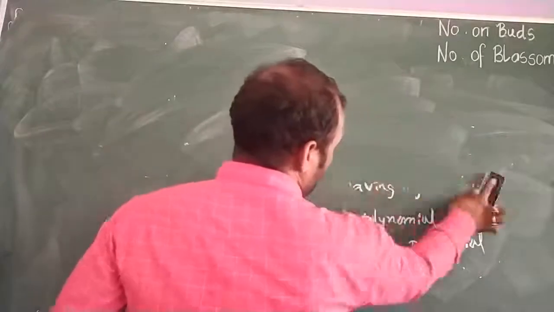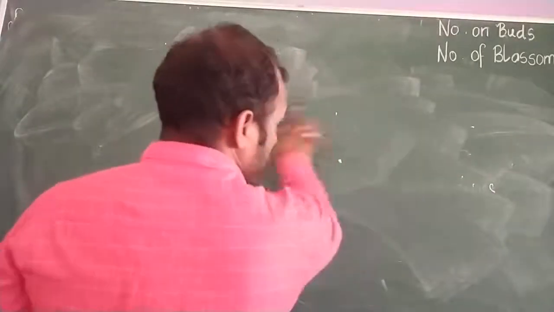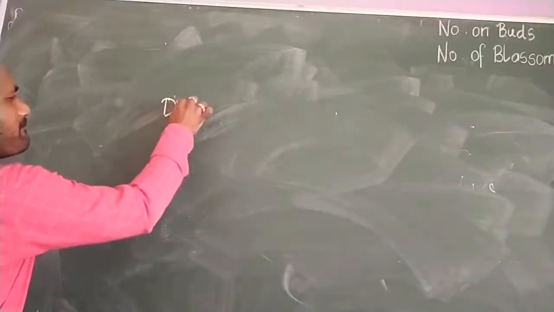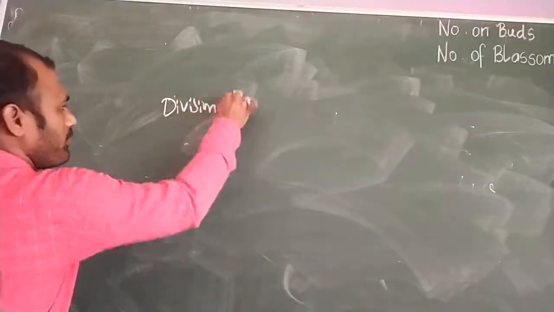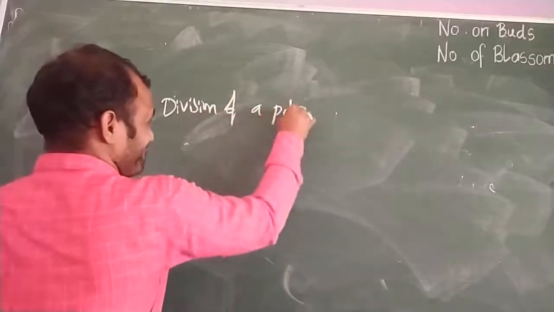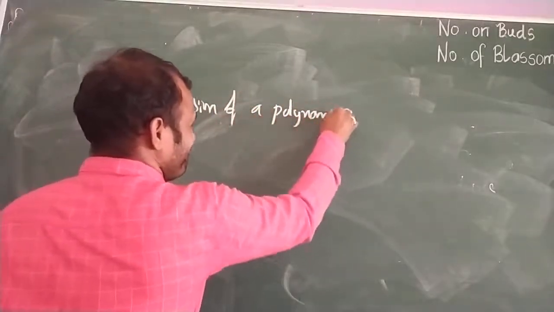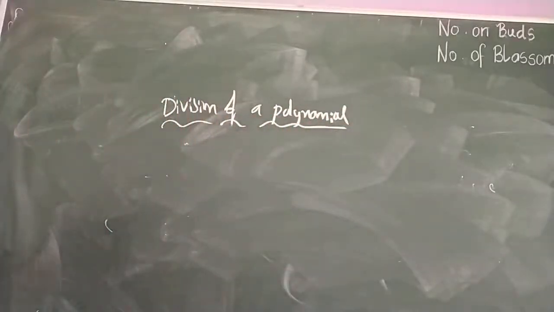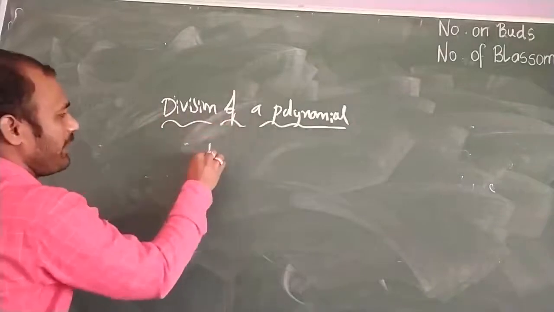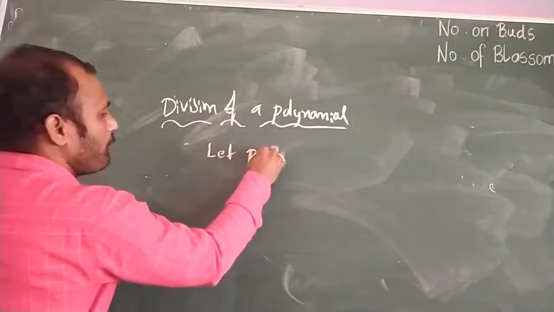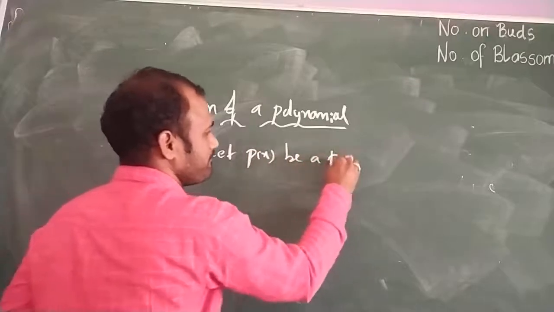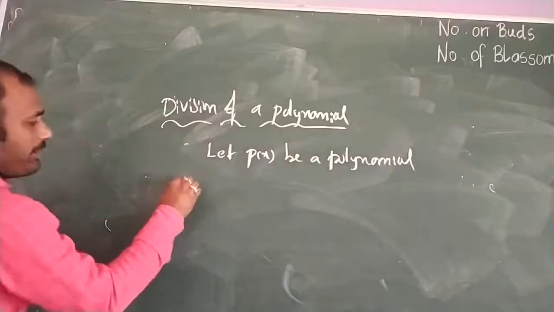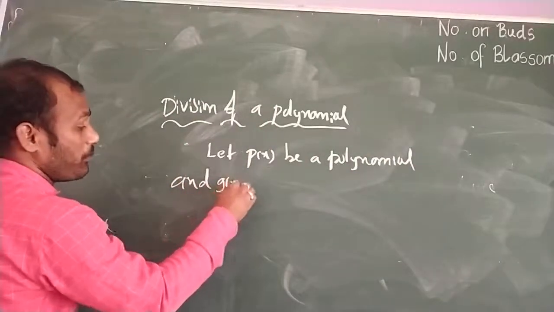Today we will learn a topic. The topic name is division of a polynomial. So how to do division of the polynomial here? Let P of x be a polynomial and G of x be another polynomial.